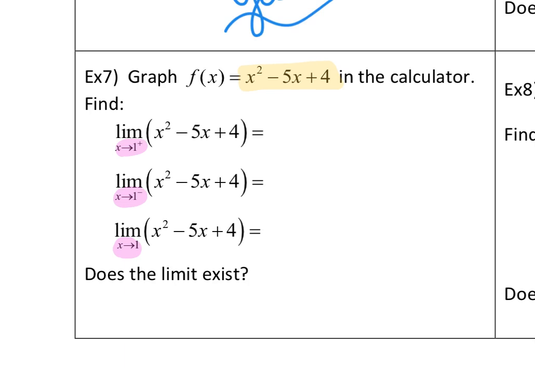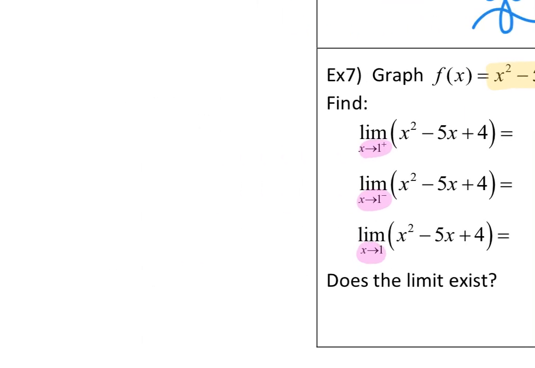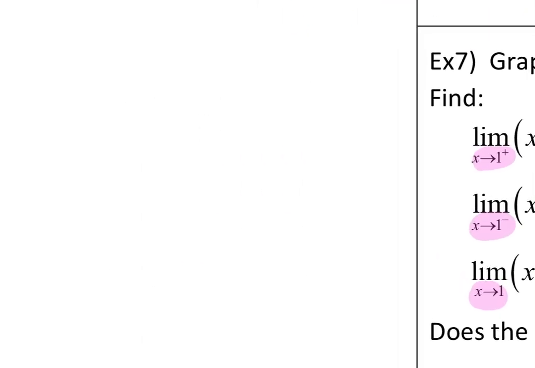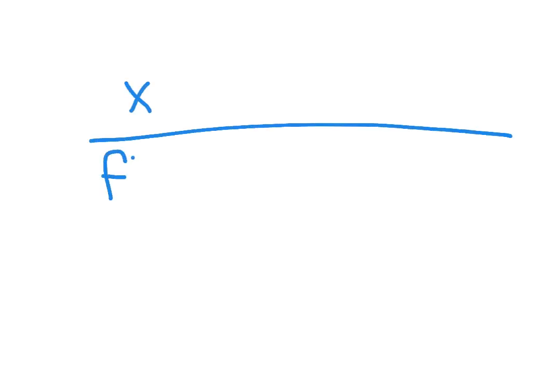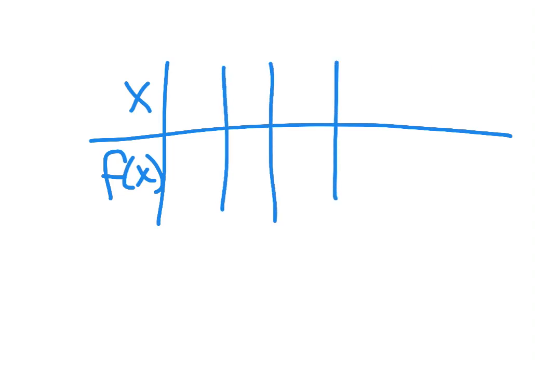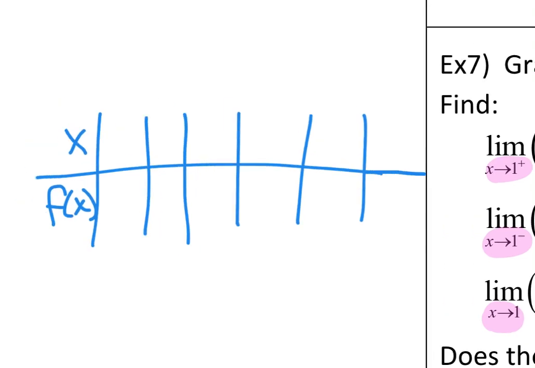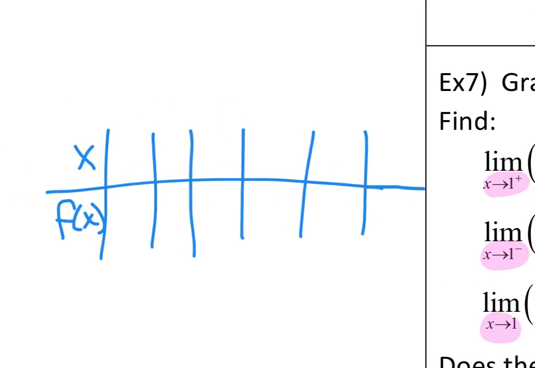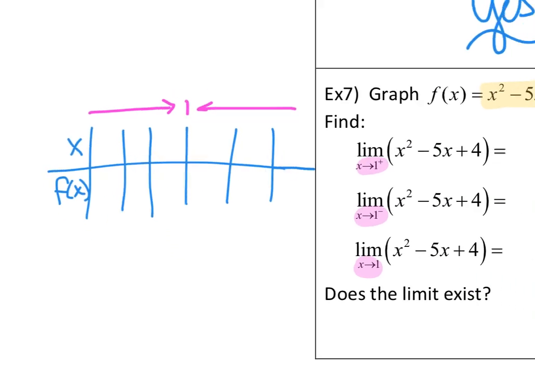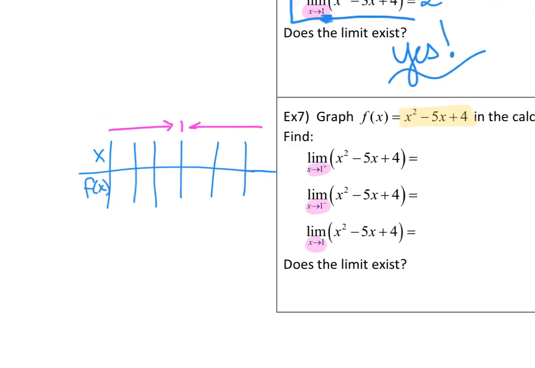So if we make our table here, x and f of x, I almost don't have enough space, and so we're approaching +1 here from the left and from the right.